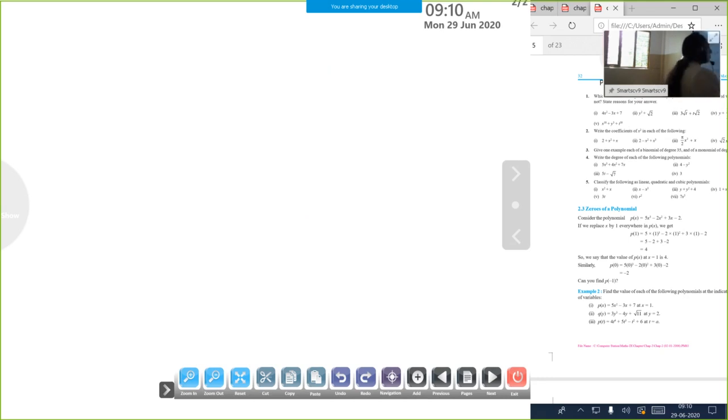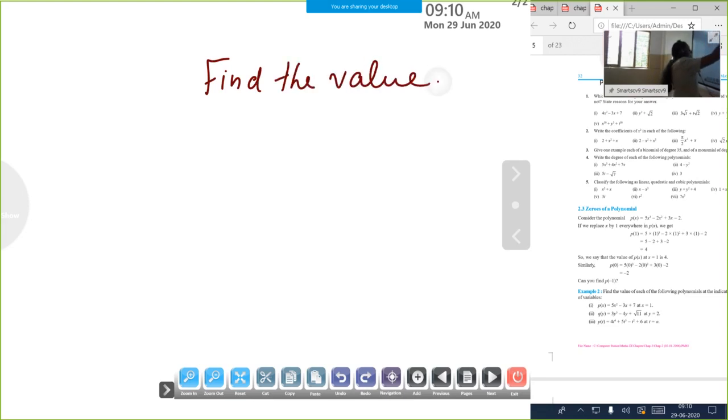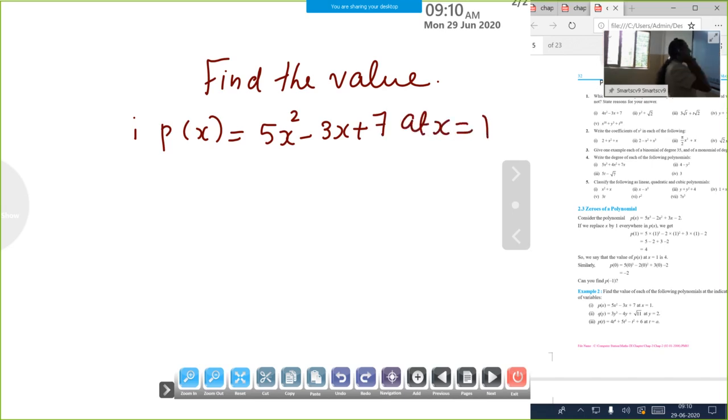The next one is to find the value of the polynomial. First one, p of x equals 5x square minus 3x plus 7 at x equals 1.